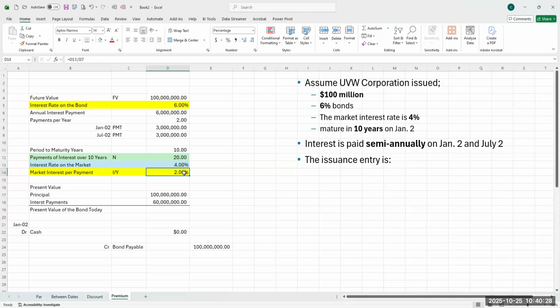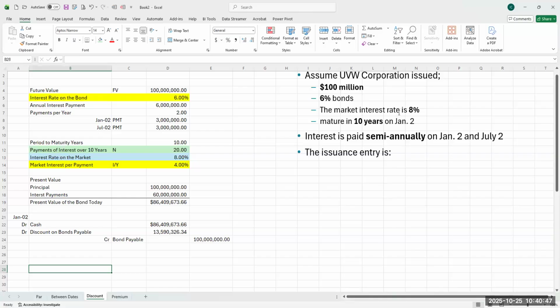Now, a question for you. If the market is below what we're paying on interest, what should we expect, discount or premium? Discount. Again, if the interest rate on the market is higher than what we're paying, I have to give the people a discount. Otherwise, they're not going to invest in me because my bonds are not attractive.